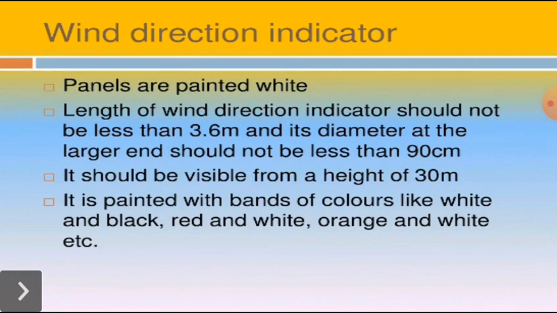These panels are painted white, and the length of the wind direction indicator should not be less than 3.6 meter and its diameter at the larger end should not be less than 90 centimeter. Also, it should be visible from a height of 30 meter. It is painted with bands of colors like white and black, or red and white, or orange and white.